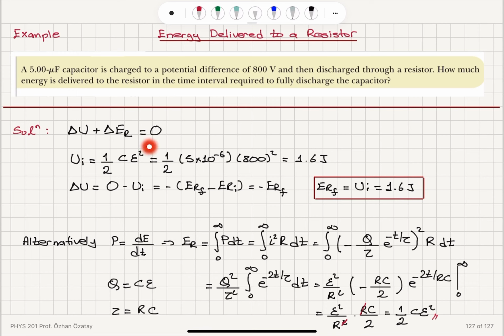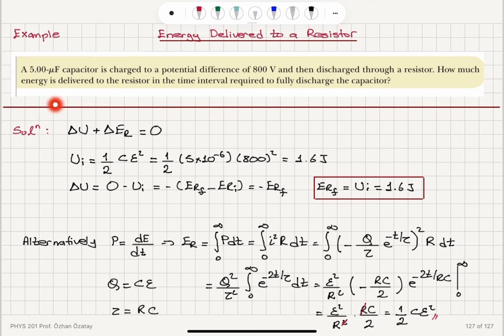It's equal to the initial potential energy stored on the capacitor, 1/2 C epsilon squared. Okay, so we talked about energy delivered to a resistor, which is going to be turning into internal heating of the resistor. We have a capacitor that is initially charged, and then it gets discharged through the resistor.